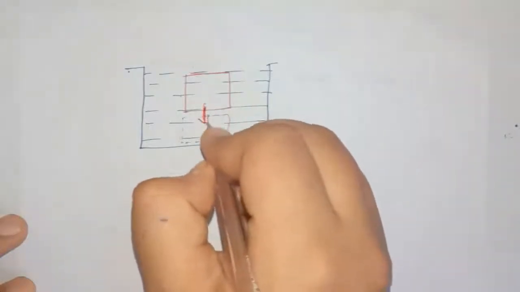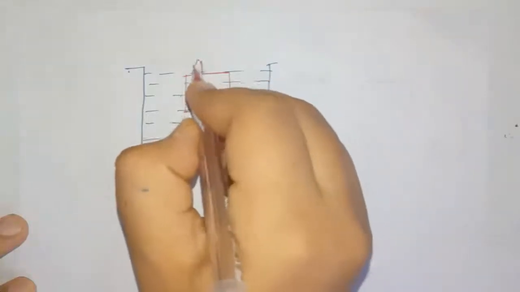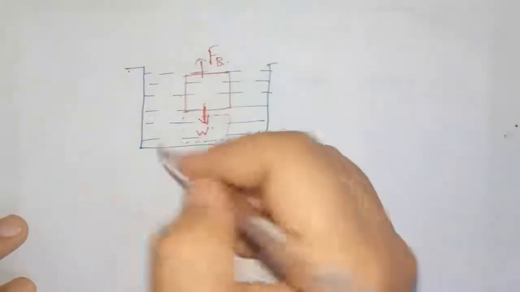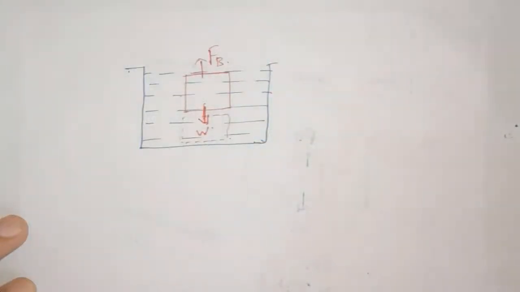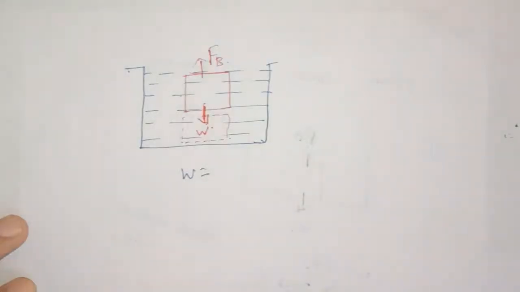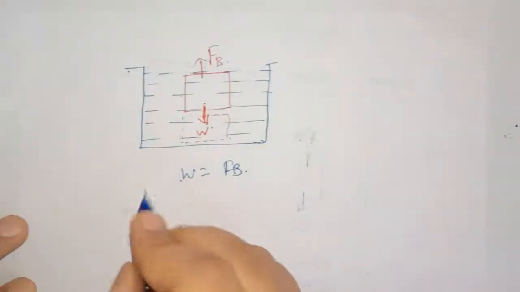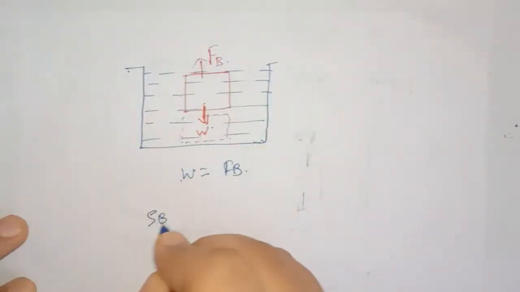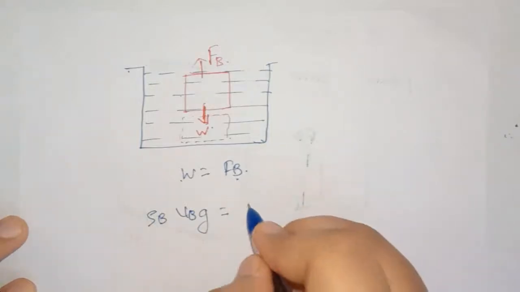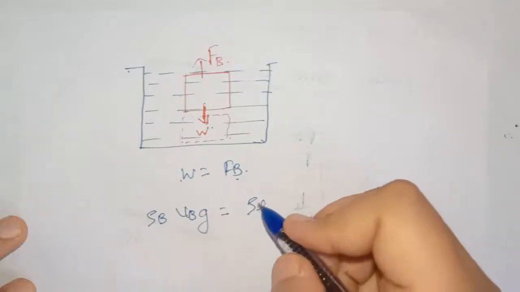The force acting in the downward direction is W. The force acting in the upward direction is buoyant force FB. At any point it is in vertical equilibrium, so we can write weight is equal to buoyant force. Weight is density of body into volume of body into g, and buoyant force is density of liquid into volume of body inside.